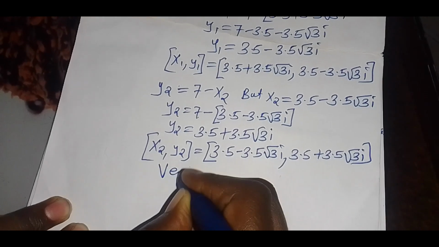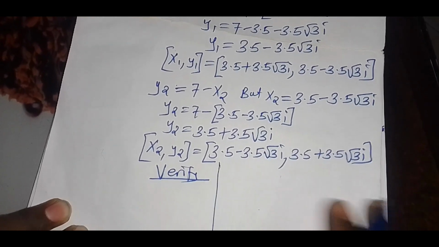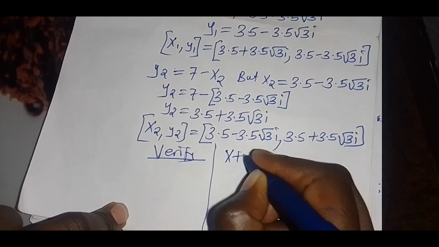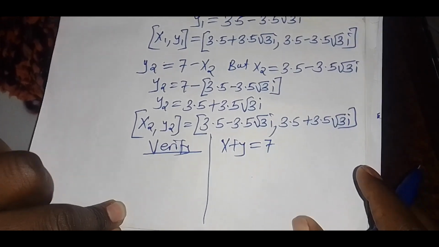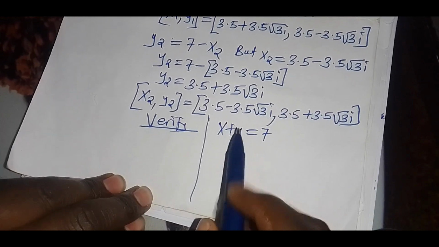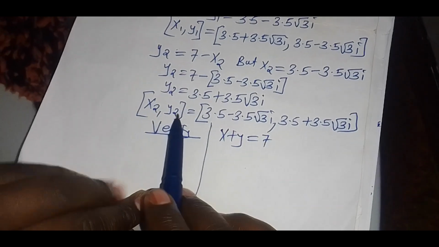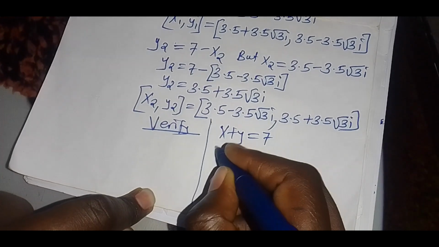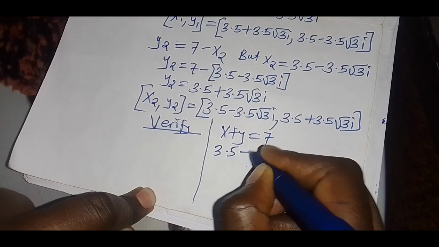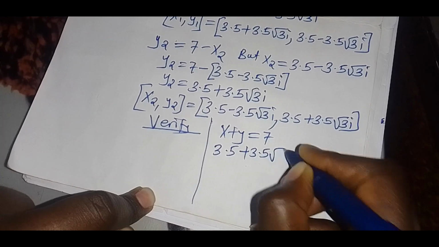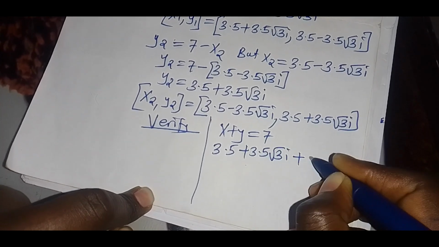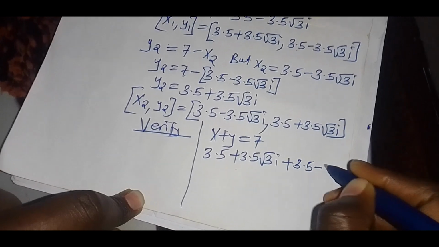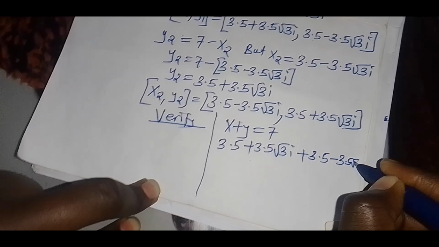So we can easily verify this. Remember, the first equation, x plus y, should give us 7. We can use either x1 y1 or x2 y2, any of it. So if you use x1 y1, we are going to have 3.5 plus 3.5 square root of 3i plus 3.5 minus 3.5 square root of 3i.